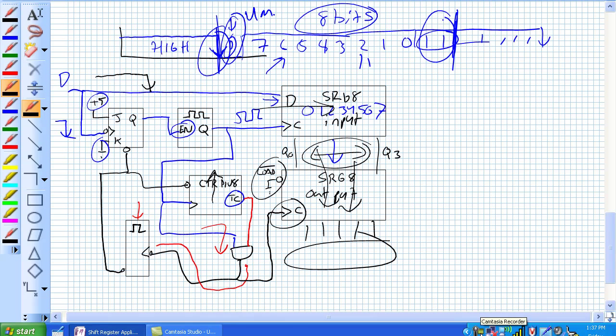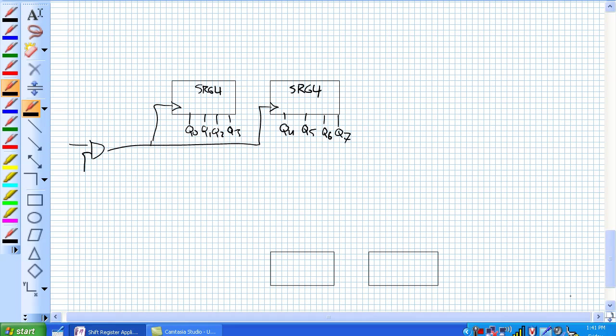Just a quick overview of that. How this is done here is it basically scans the keyboard, constantly looking for someone pressing a key. And how it does it is it uses a ring counter that's been preloaded with a 0. Let's put the 0 at Q0.